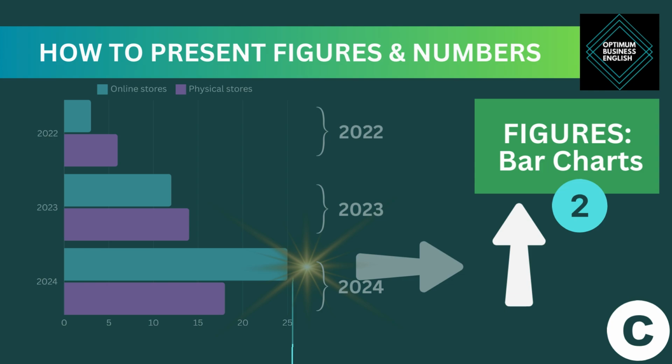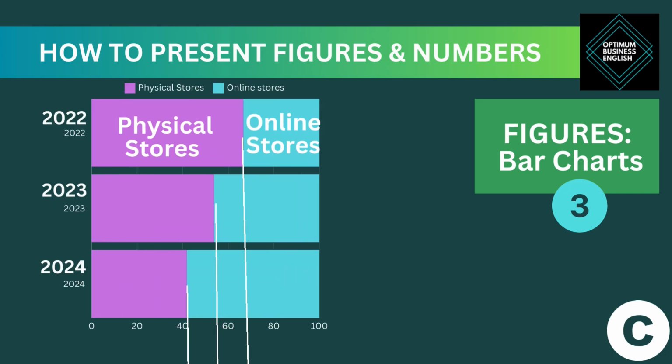Remembering that the direction of the bars may either be horizontal, as they were in this example, or they may be vertical. The third type is where we can show the same thing but in a different way by combining the results of both sets of data into a single bar or rectangle rather than lying 2 separate bars next to each other. By showing each result or number in a different color.